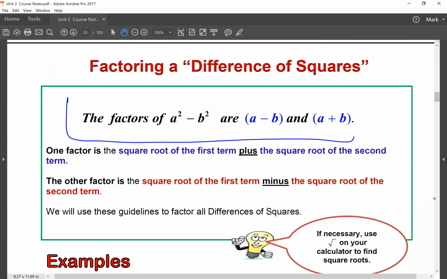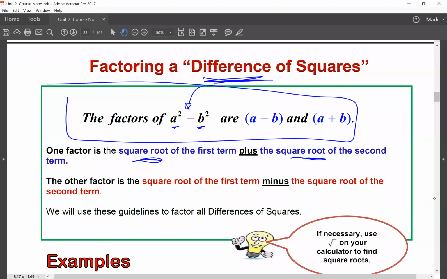The factors of a difference of squares, two perfect squares: if it was a squared minus b squared, remember, it has to be minus, that's what difference means, it would be a minus b and a plus b. One factor is the square root of the first term plus the square root of the second term.